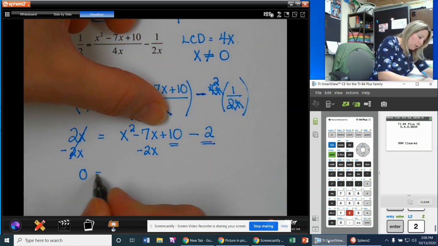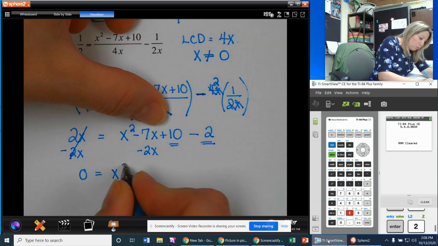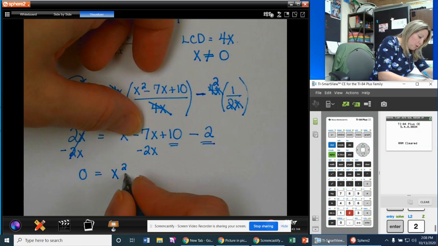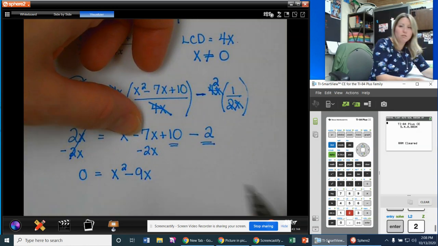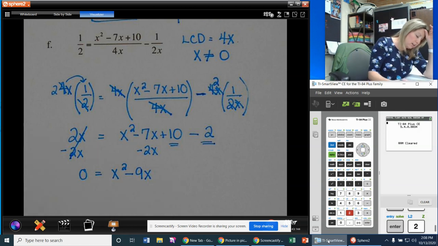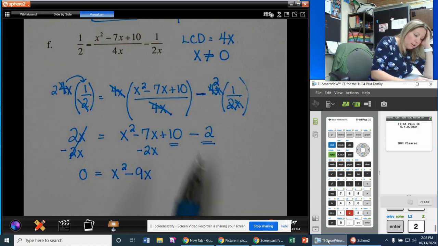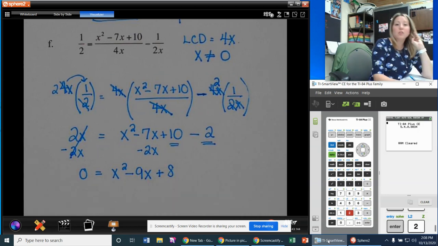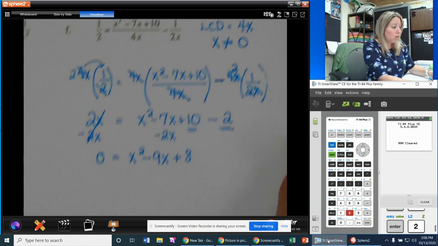So you get a 0 over here. Bring down your x squared. It's fine, nothing added or subtracted with it. This ends up being a minus 9x. I was writing it correctly, I wasn't saying it correctly. A minus 9x. And then here, 10 minus 2, because they're on the same side of the equal sign, is a positive 8.